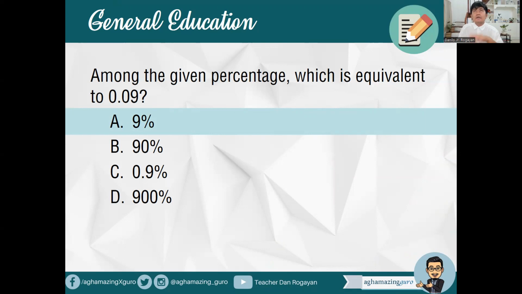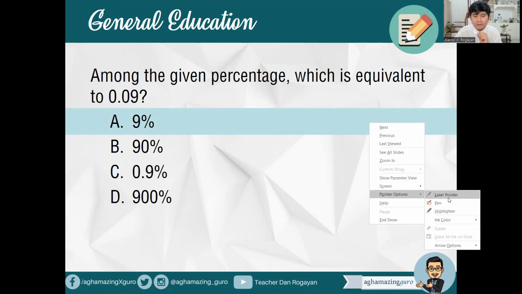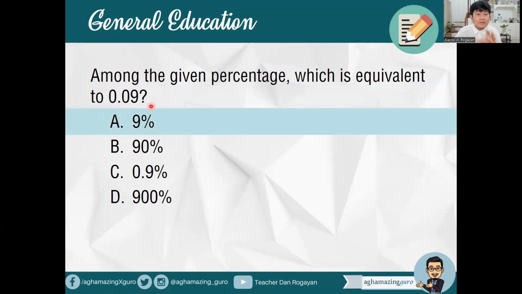If you see from the question, 0.09, 0.08, that is usually a one-digit percent, like 9%, 0.08 is 8%, 0.07 is 7%. For 90%, usually that's 0.9. So if you see 0.9 in the board exam, that is 90%. If 0.8, 80%. 0.6, 60%.